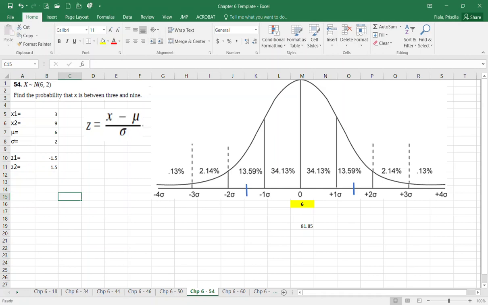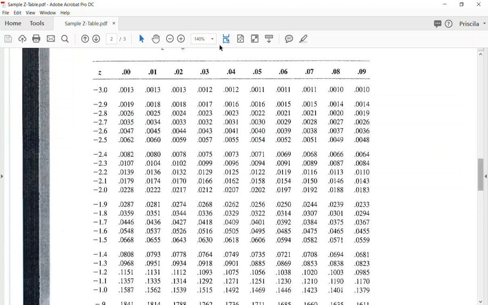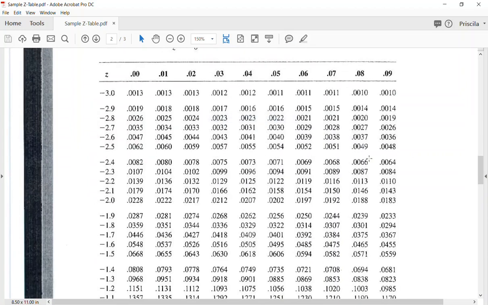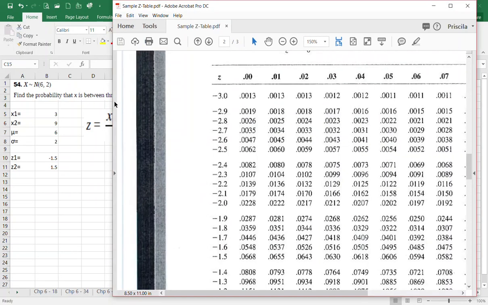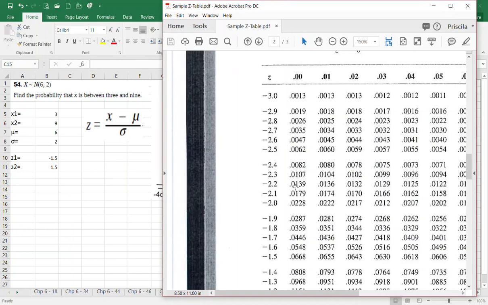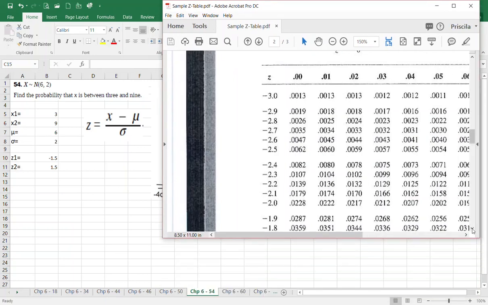Now we're going to go to your z table right here. First, let's find your negative side. Remember, I want to see if we can see the whole thing. Okay, right here, and then let me make it smaller over here.